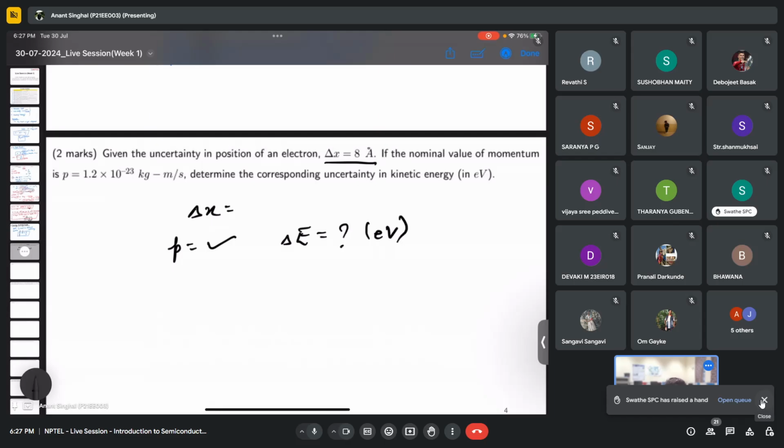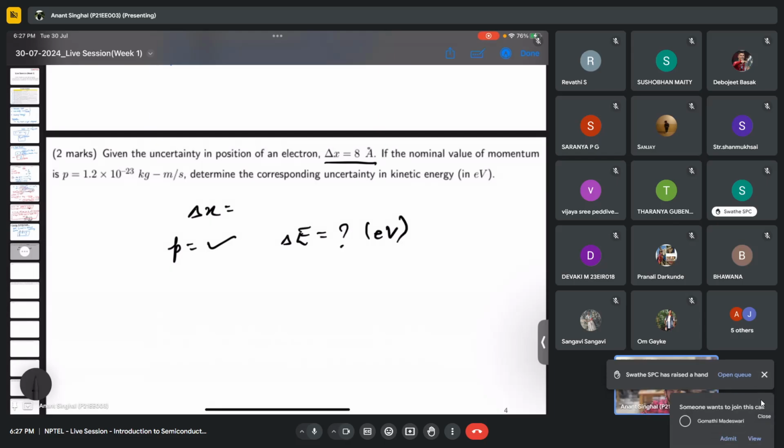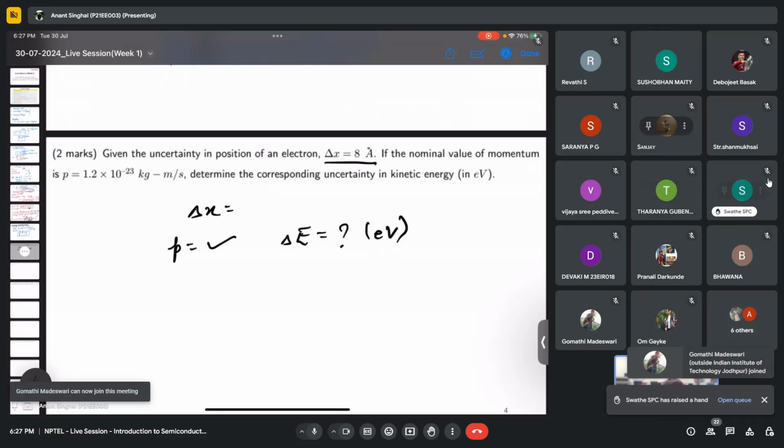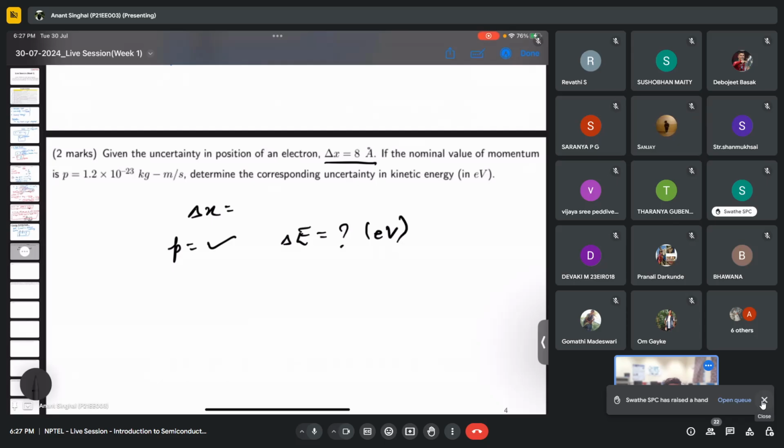Can someone confirm if I'm audible? Yes, sir, you're audible. Okay, so I guess she's having some trouble with the mic. So maybe Sangavi, you can introduce yourself. I am Sangavi from Shakti Polytechnic College, Erode. I am studying Triple E second year. Okay, so you are a second year student. Yeah, that's fine.